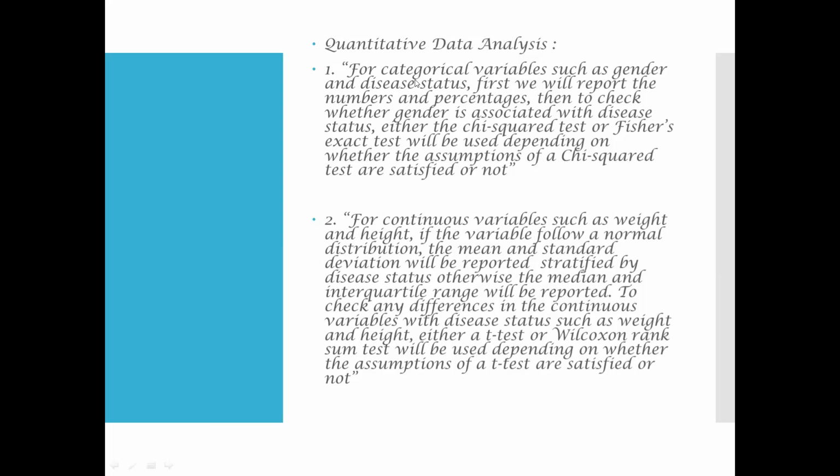So basically for categorical variables, right? Mostly used is either the chi-square test or the Fisher's test, okay? Then for continuous variables, you can use mean and standard deviation, or you can use the median and the interquartile range.